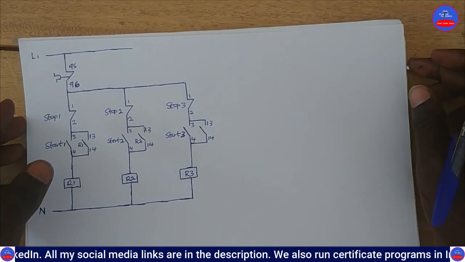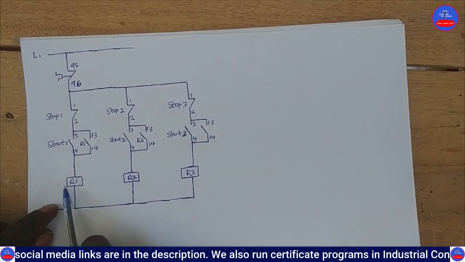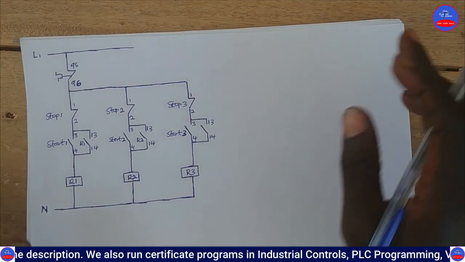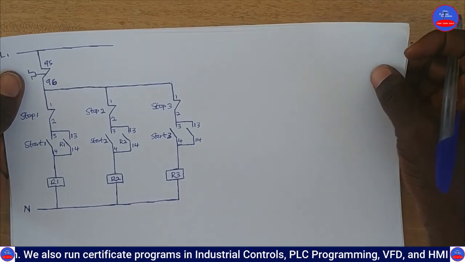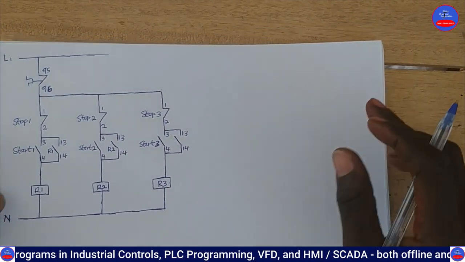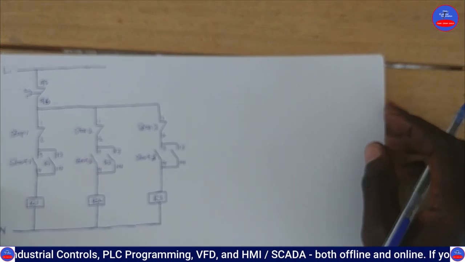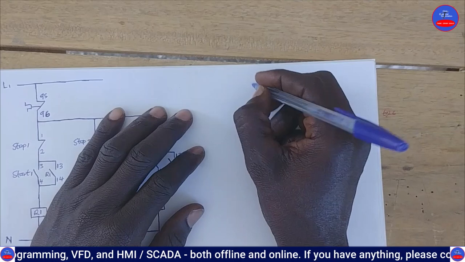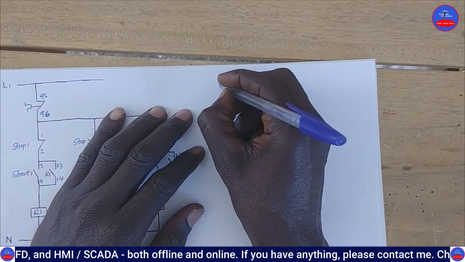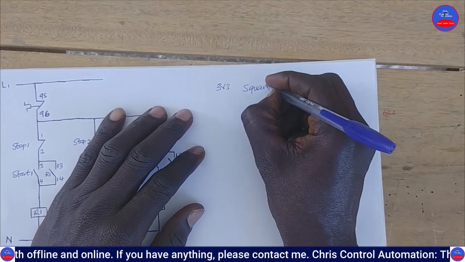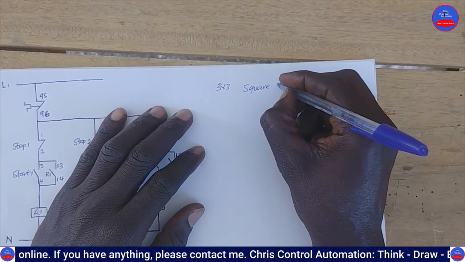How many relays do you have? We have relay 1, relay 2, relay 3, R1, R2, R3. So it means that we have only 3 relays. Right? So now let's start with our square matrices, 3 by 3 square matrices.